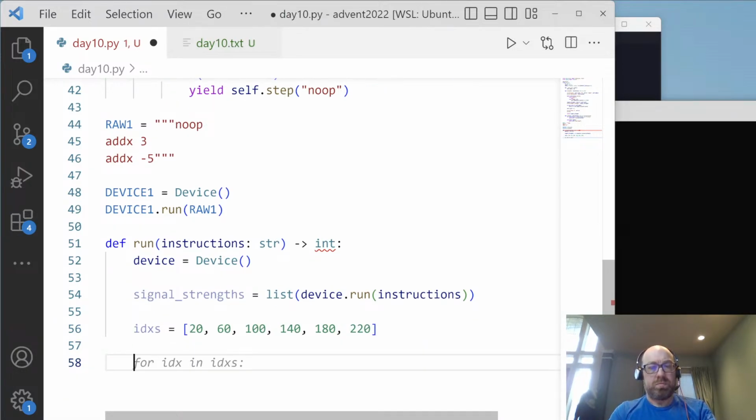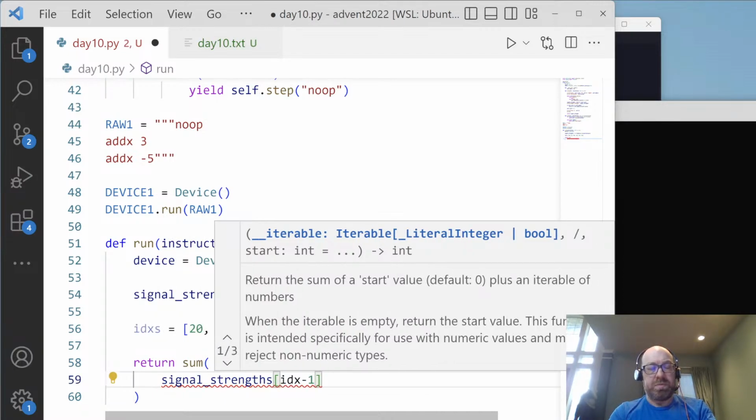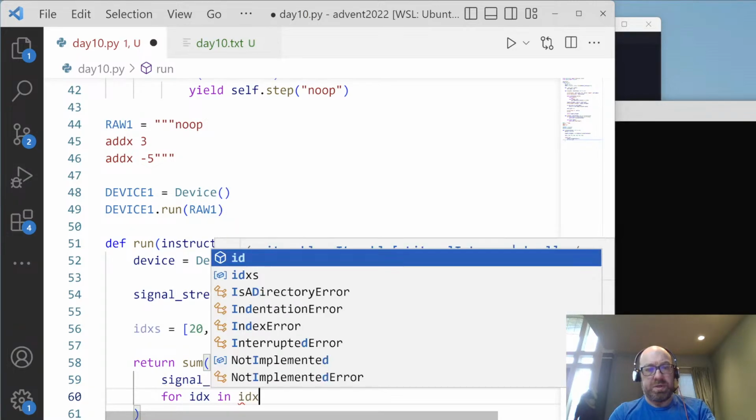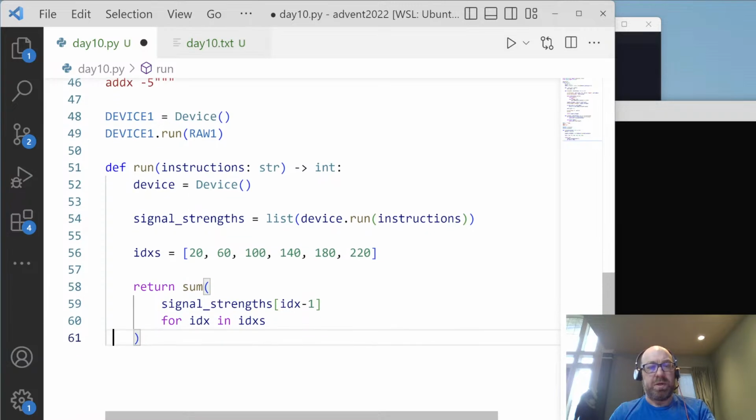Return sum of signal_strengths[index - 1] for index in indexes. Is that right? Because the zeroth is going to be, that is right.